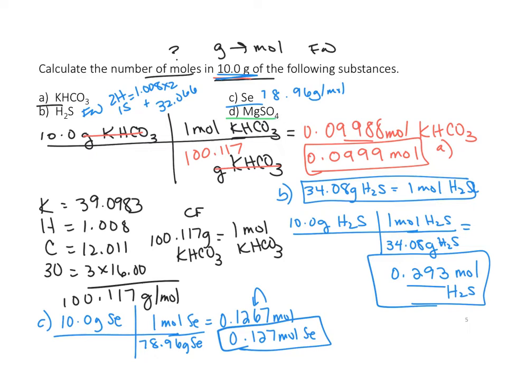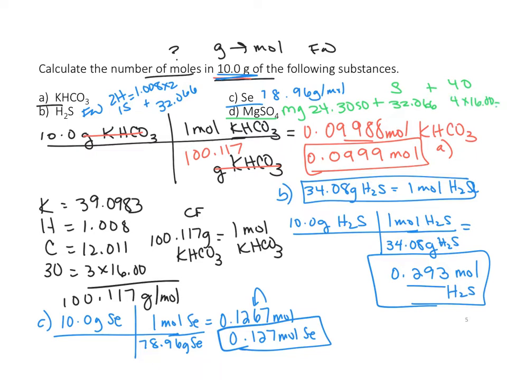Okay, now we're doing magnesium sulfate. So magnesium is 24.3050. Sulfur is 32.066. And 4 oxygens are 4 times 16.